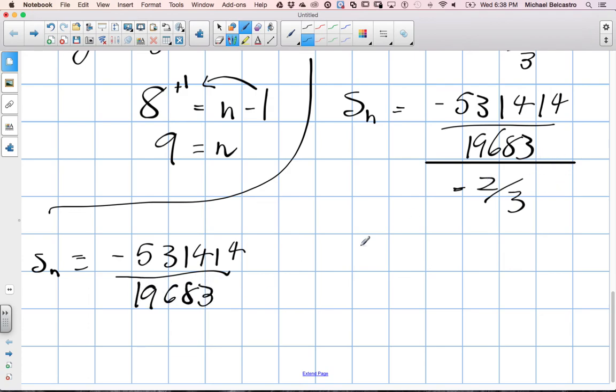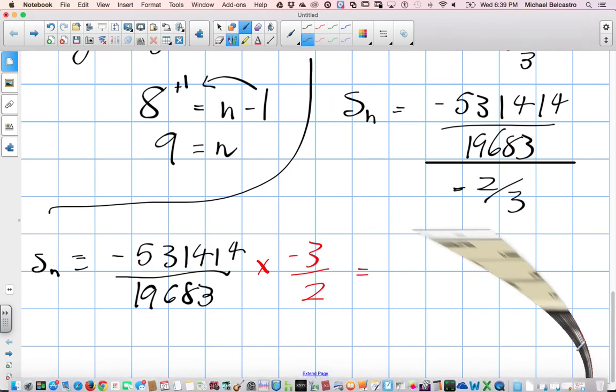And when we divide fractions, so divided by negative 2 over 3, we can just invert and multiply, right? So we flip the second fraction and turn it into a multiplication question. So we're going to now multiply by negative 3 over 2, okay, and we know we'll get a positive value, and we're just going to put these two fractions beside each other.